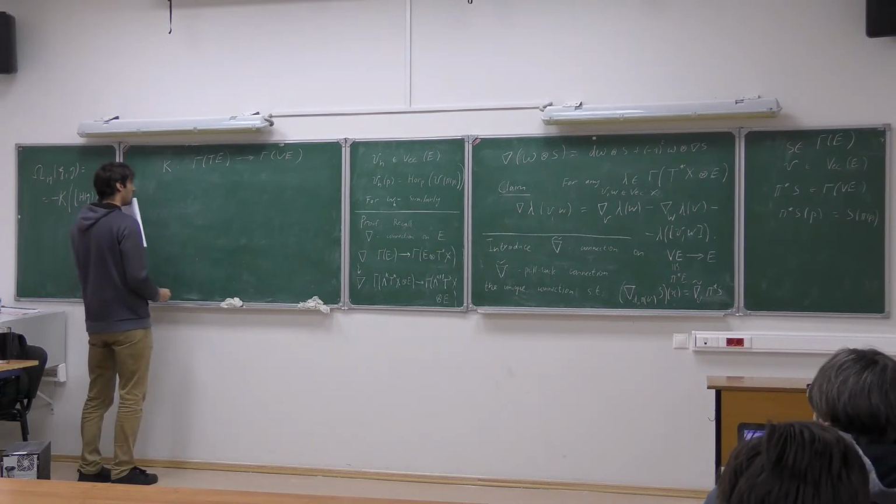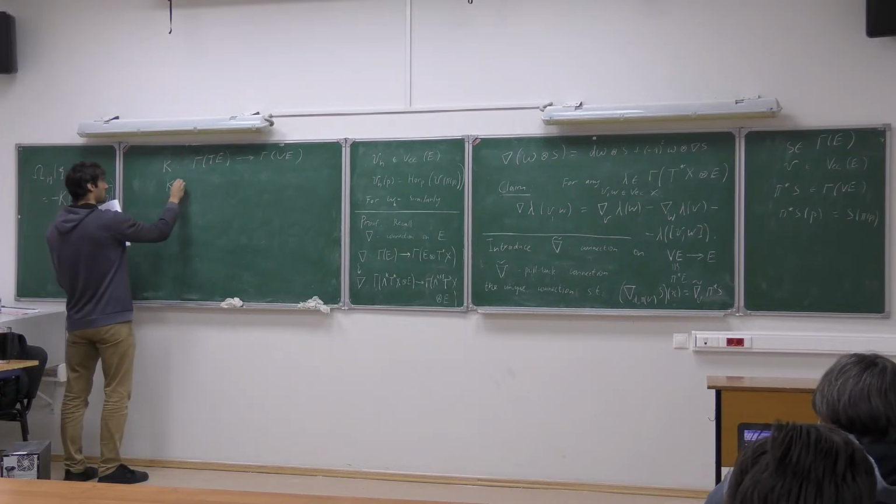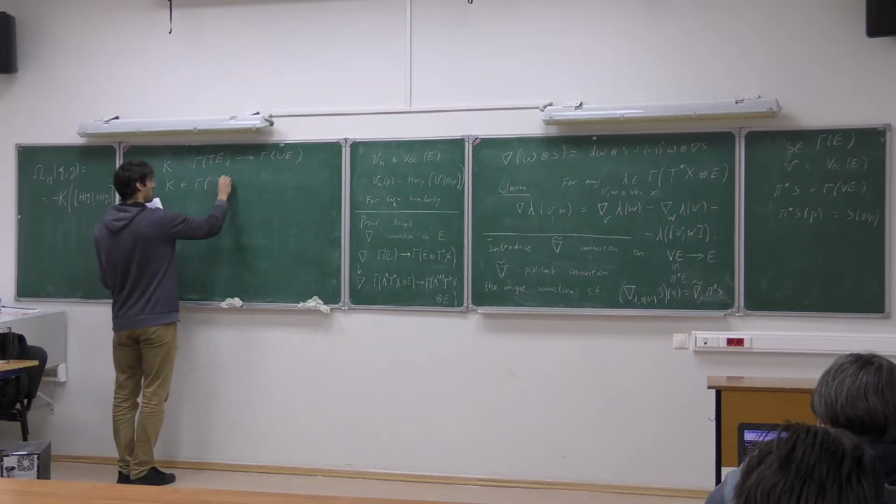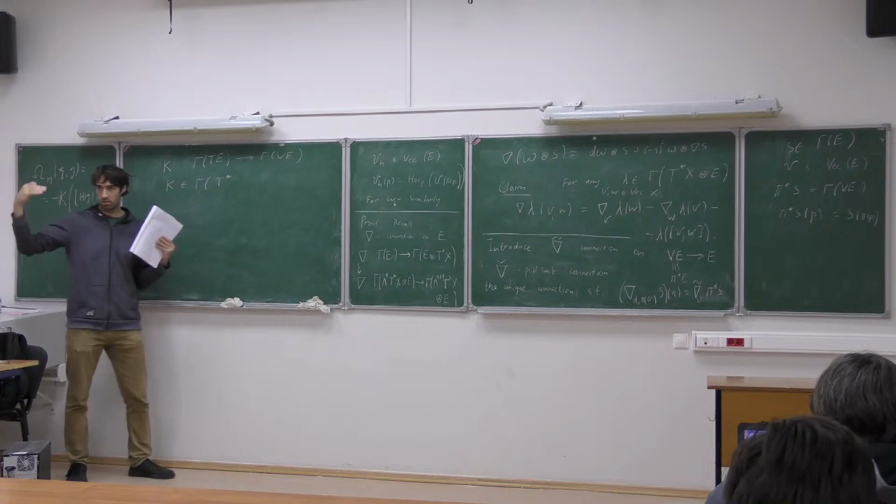And therefore I can think of k as a section of T star E tensor VE, and it's linear over C infinity because it's just a fiberwise projection.